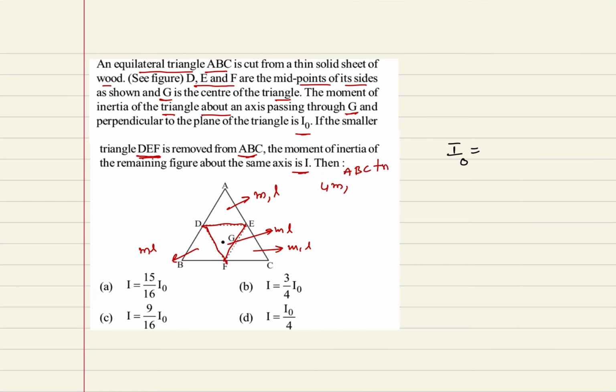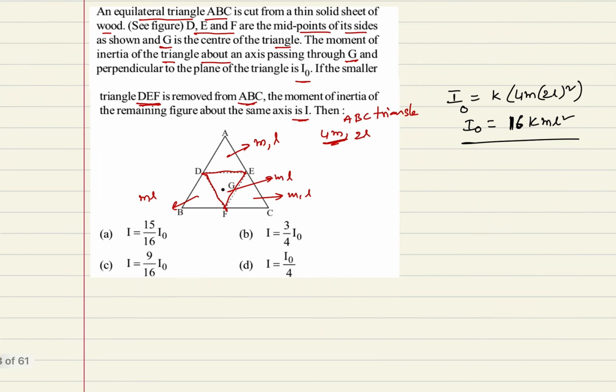The ABC triangle has mass 4m and side 2L. Now I can write it as k times 4m into 2L whole square, that is equal to 16 k ml square, which is my I naught value.